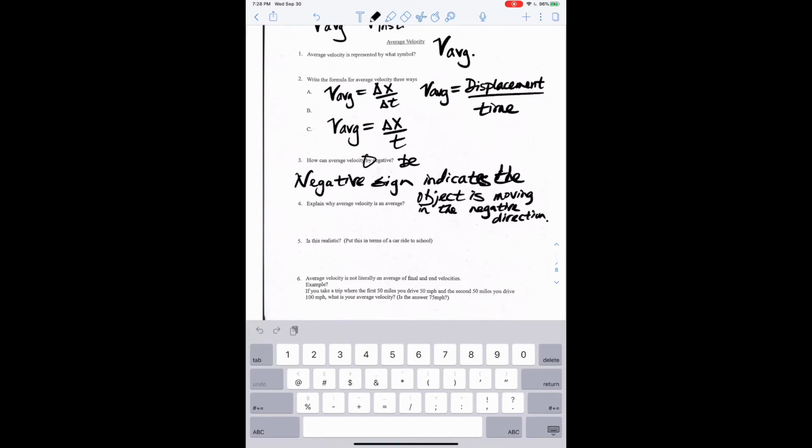Good. Explain why average velocity isn't average. Okay, this is a little tougher to do. Average velocity is an average because it accounts for the times that maybe we aren't moving at that velocity.